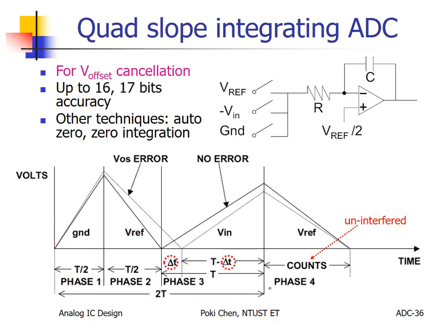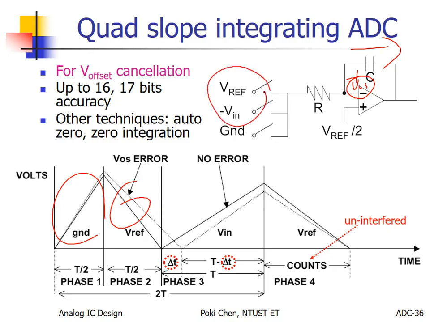Okay, a very brief explanation here: VOS. Never mind whether it is positive or negative. According to the superposition principle, the charging current or discharging current has input for charging V in, for discharging V reference.